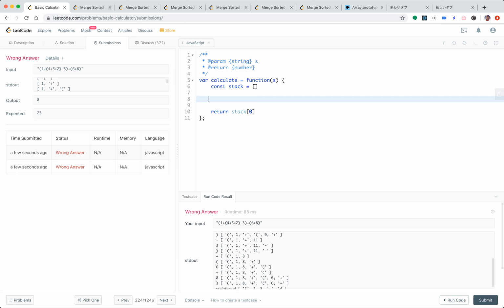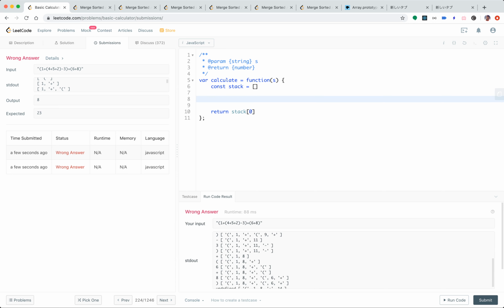Every time we meet the right parenthesis or the end, if we meet the parenthesis, we loop through, we pop the operators and the numbers and calculate the result and push them back.